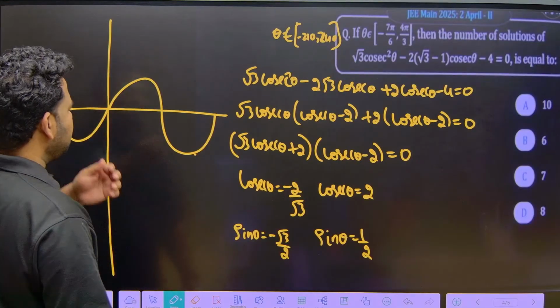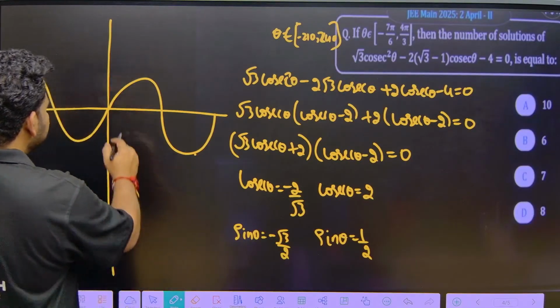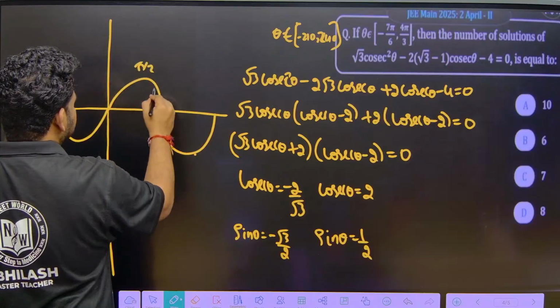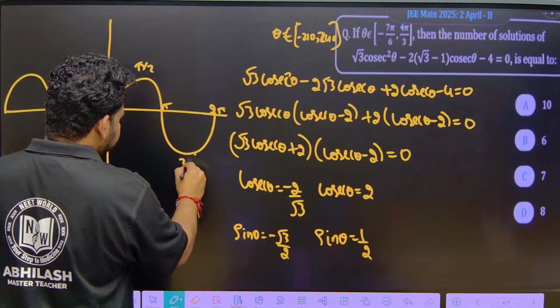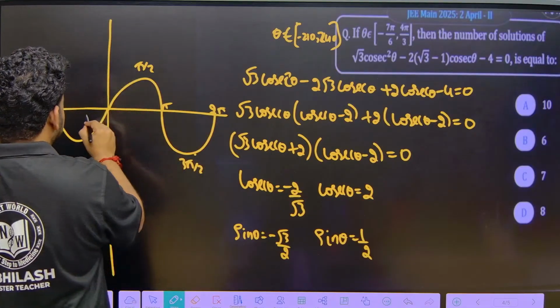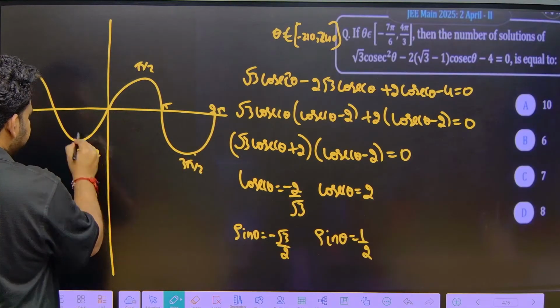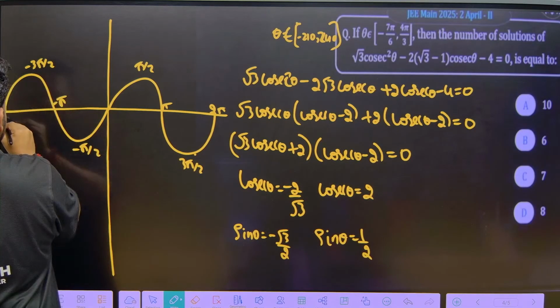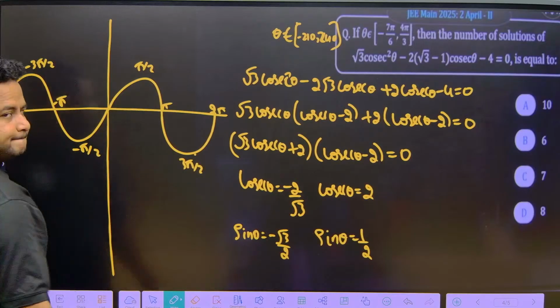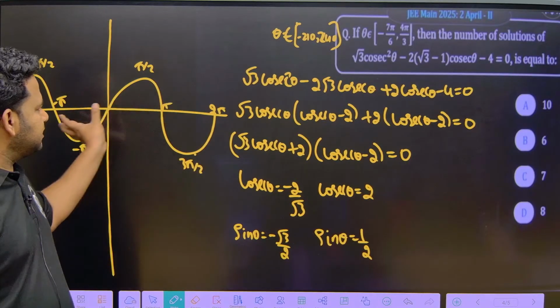Okay, now this is what, friends? This is pi by 2, pi and 2 pi, and this will be 3 pi by 2. This will be minus pi by 2, minus pi, minus 3 pi by 2, and this will be minus 2 pi. Correct na? But they have not asked the complete interval minus 2 pi to 2 pi.